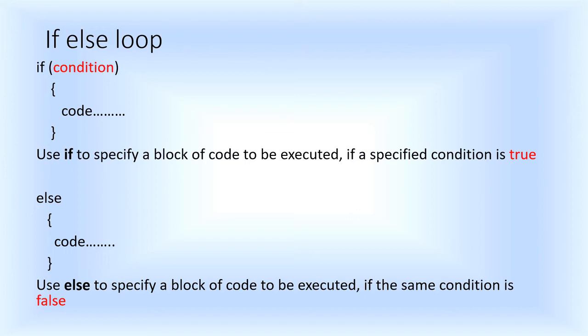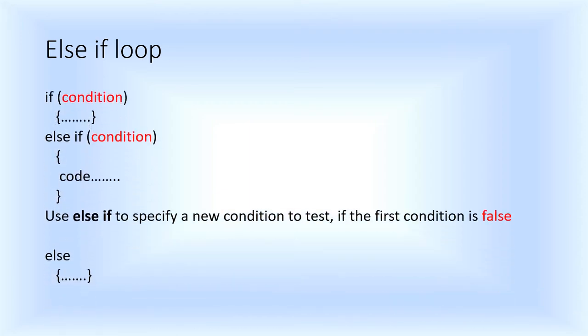Then comes the next one, that is else if. It is used if we have multiple conditions, like 3 or more. For simplicity we will take 2. Then the code will be: if the first condition is false, then the else if condition will be checked.